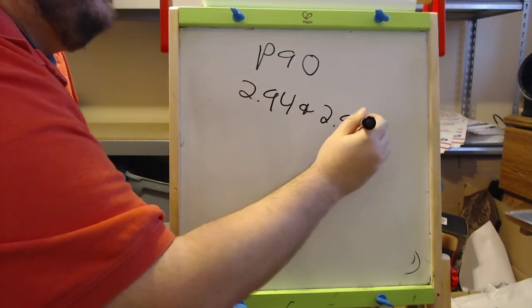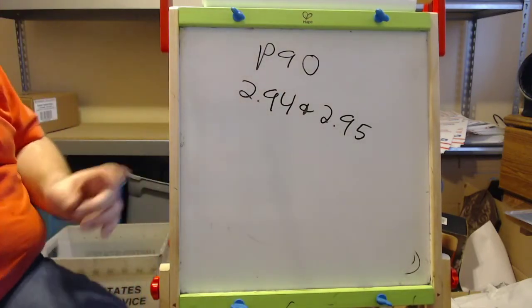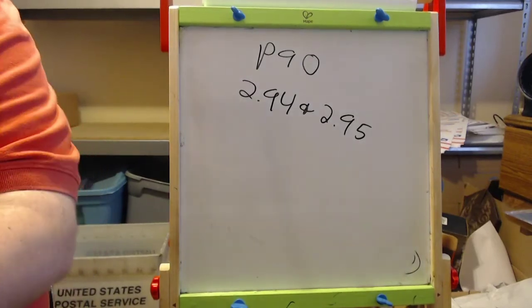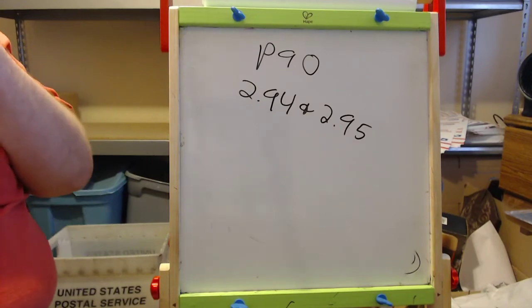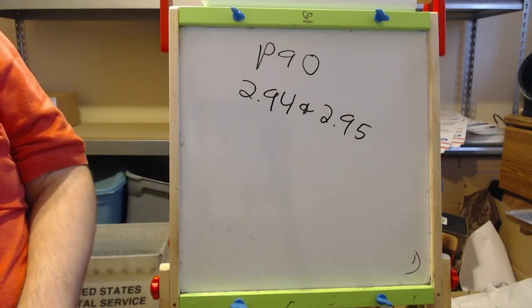So this book does naming acids for a very short, brief thing on page 90, 2.94 and 2.95. You could try those plus the ones on the slides.